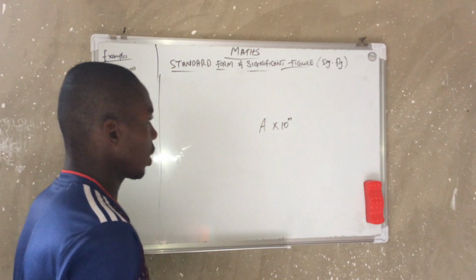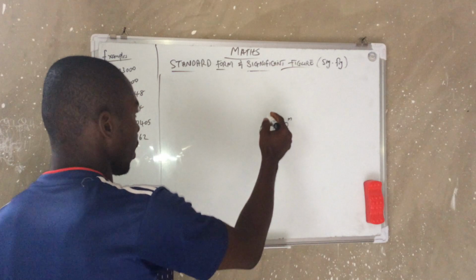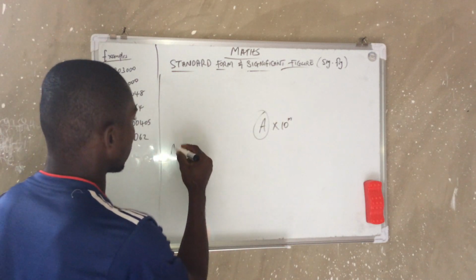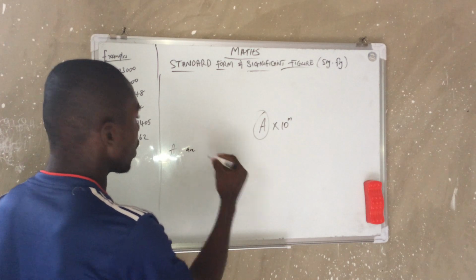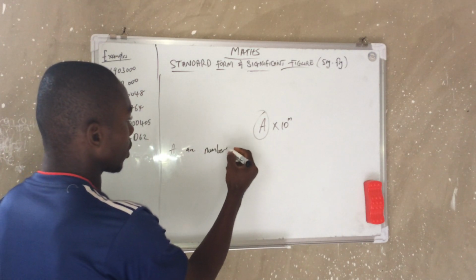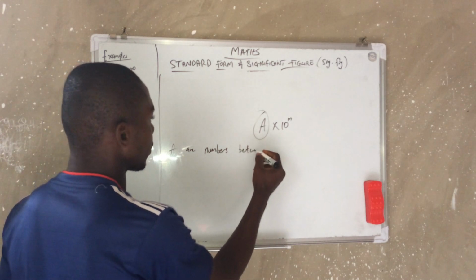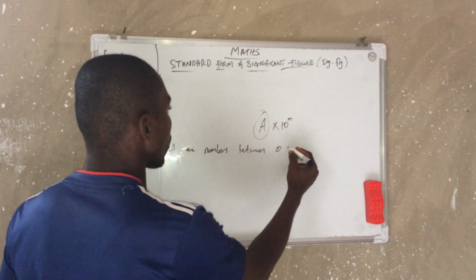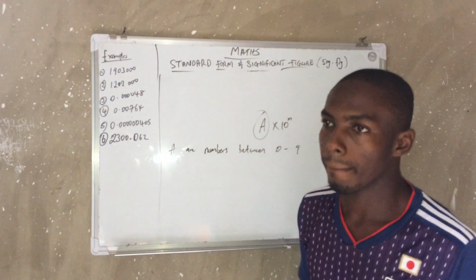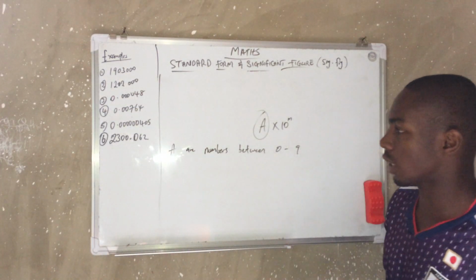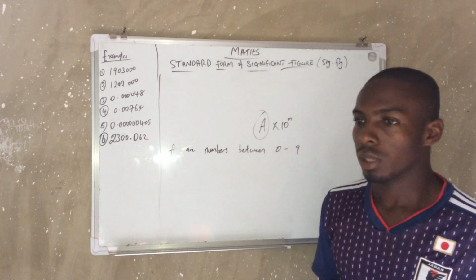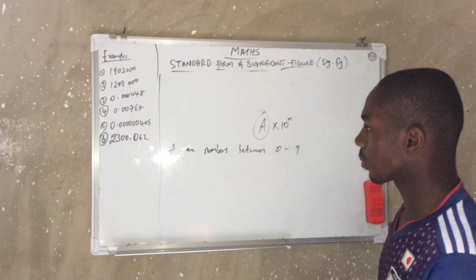Actually, I might say that A here, they are numbers. If I say that A are numbers between 0 and 9, am I wrong? Well, you are free to pause the video and check if I'm wrong. Then let's continue.